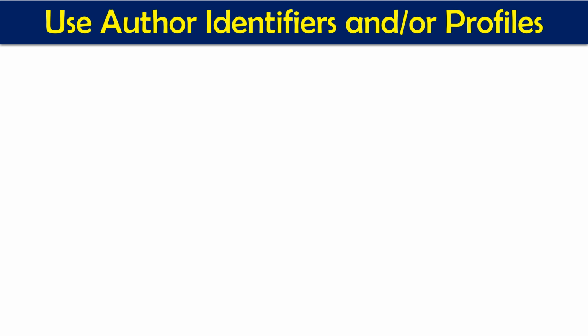Author identifiers persist even if you change your name, switch fields or relocate. Having an author identifier ensures that your work is discoverable and attributed to you only. An identifier will simplify updating your CV, your resume, or preparing an annual report, because it streamlines the process of compiling a bibliography of your work.